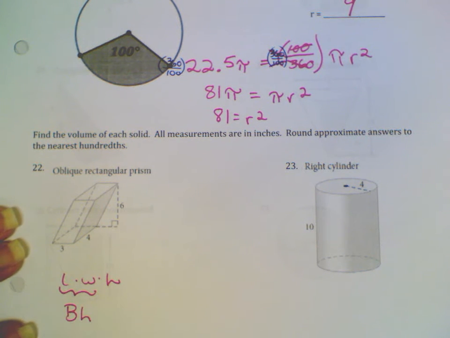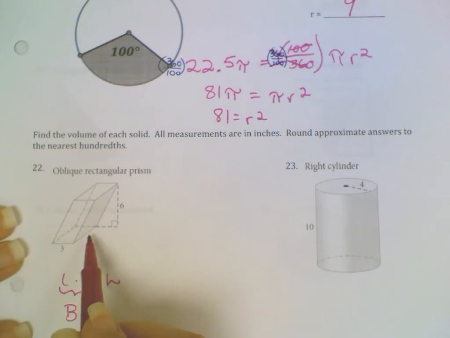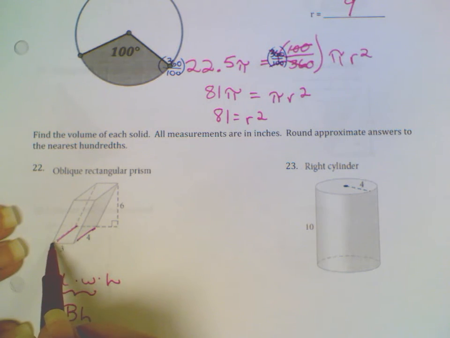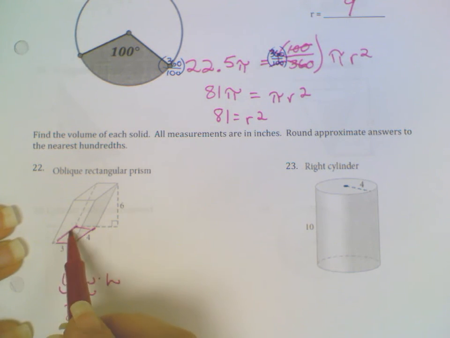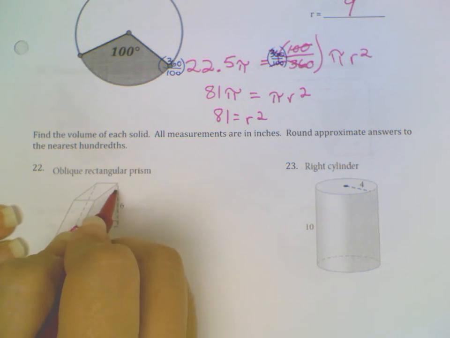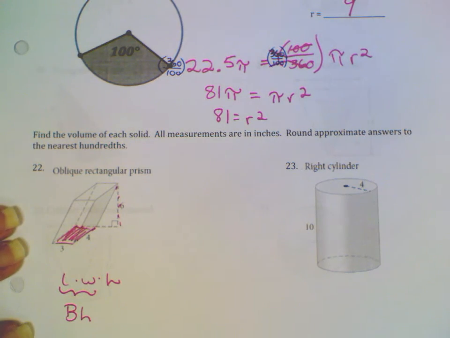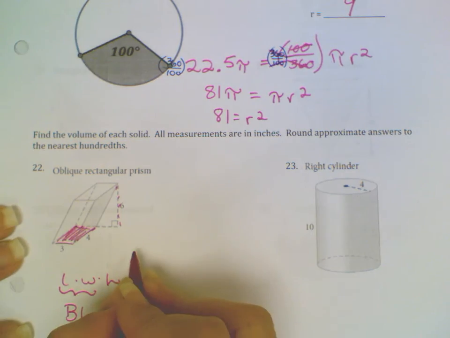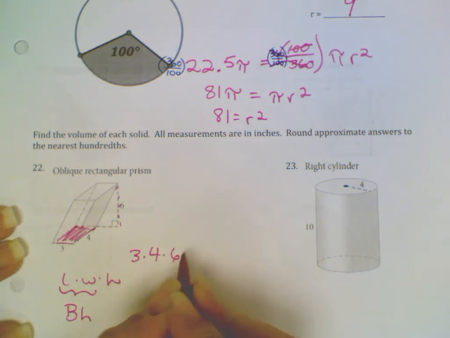Anything with a capital B is the area of the base. So if it's sitting here, we'll do the area of the base times the height.